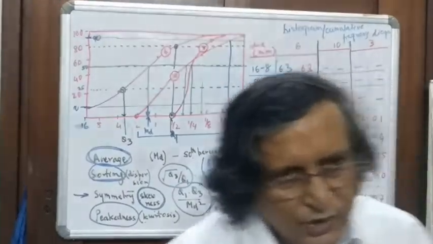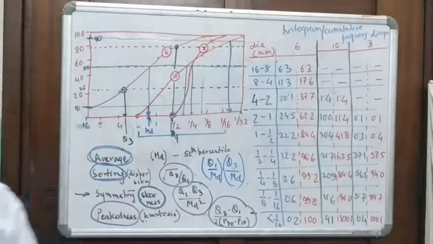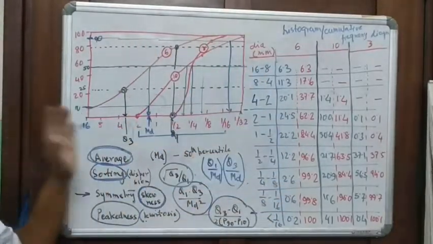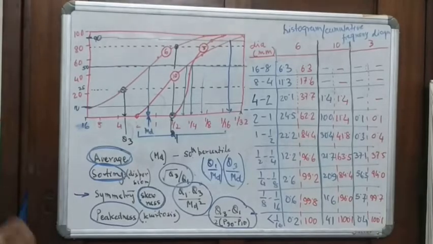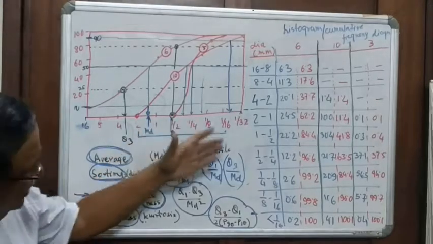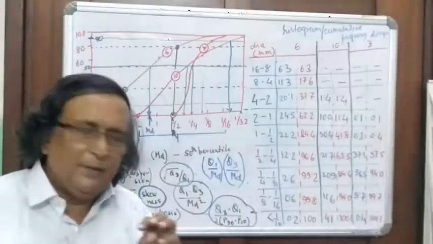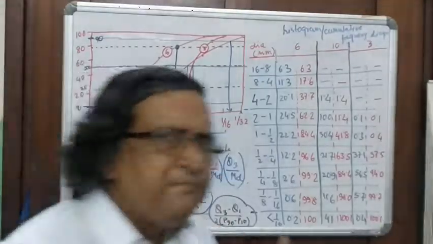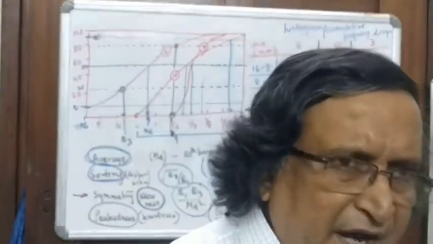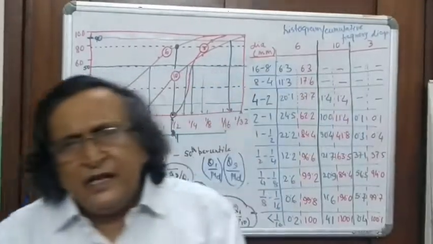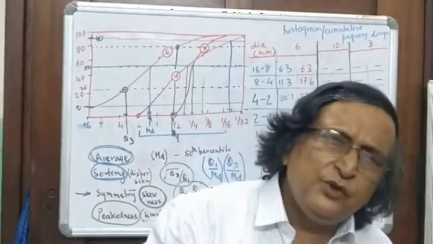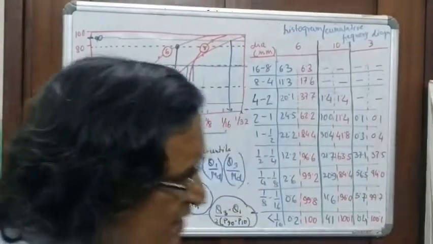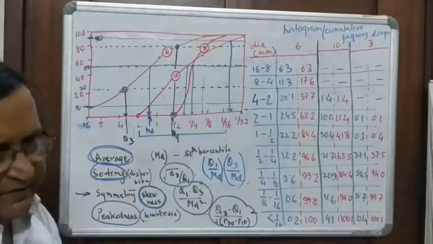Have you understood? That is the most important thing of this statistical analysis of sediments. But one thing I must caution you, I have only given simple formulae. These formulae have been polished and refined and re-refined by several authors, and in some books you might get it different. This is the one that was used very early by Pettijohn, for example, in his book, and this I have given here.